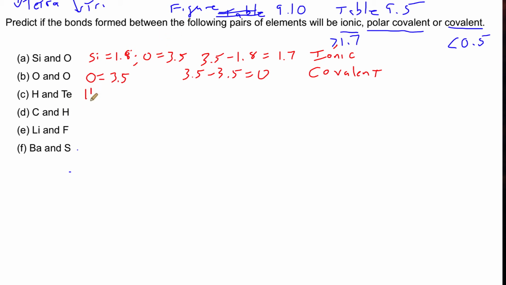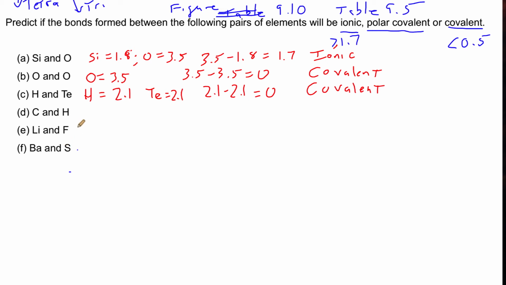Our third example uses hydrogen, which has an electronegativity of 2.1, and tellurium, which also has an electronegativity of 2.1. So if they're the same, we know that 2.1 minus 2.1 is 0, and we're going to get a covalent bond.